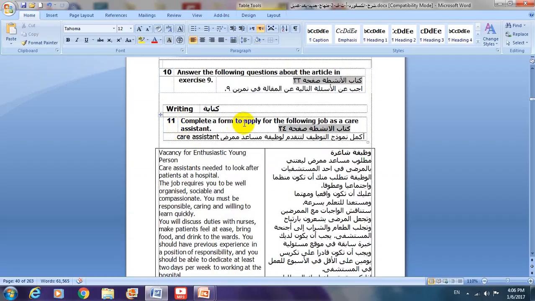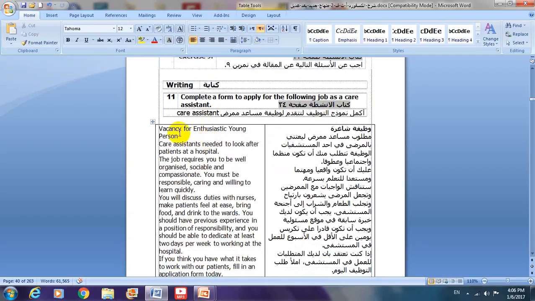11. Complete a form to apply for the following job as a care assistant. Vacancy for a care assistant. Care assistants need to look after patients at the hospital. The job requires you to be well organized, social and conversational. You must be responsible, caring, and able to learn quickly.